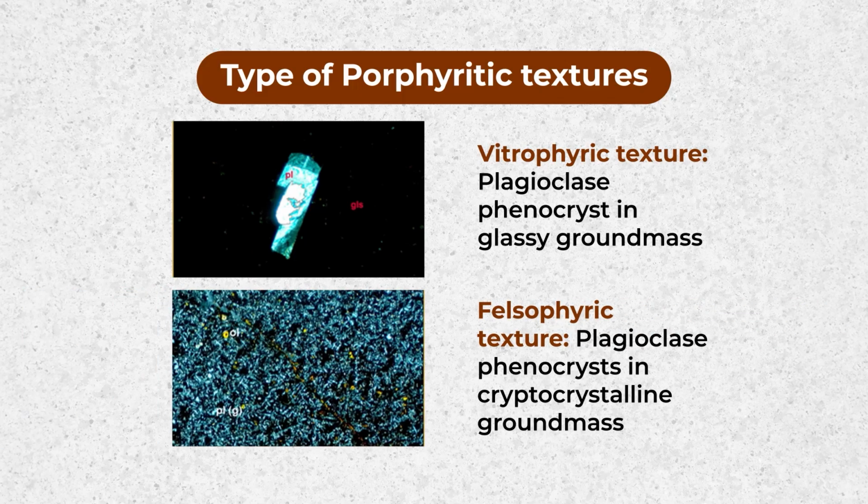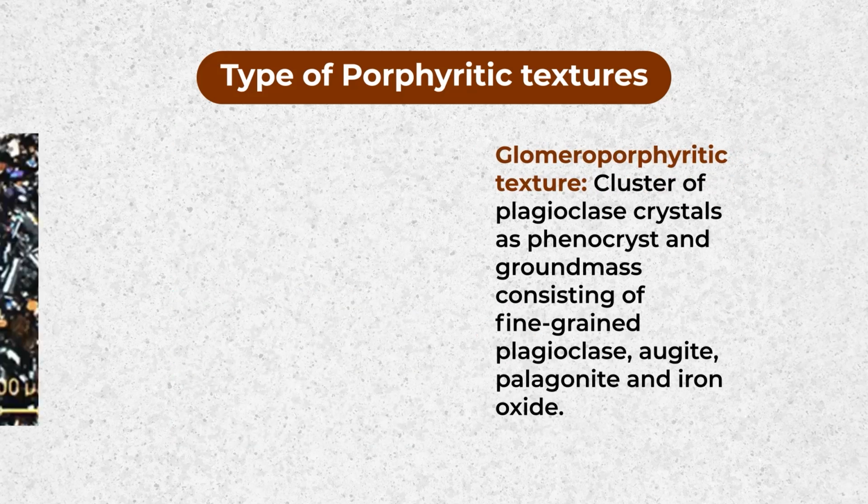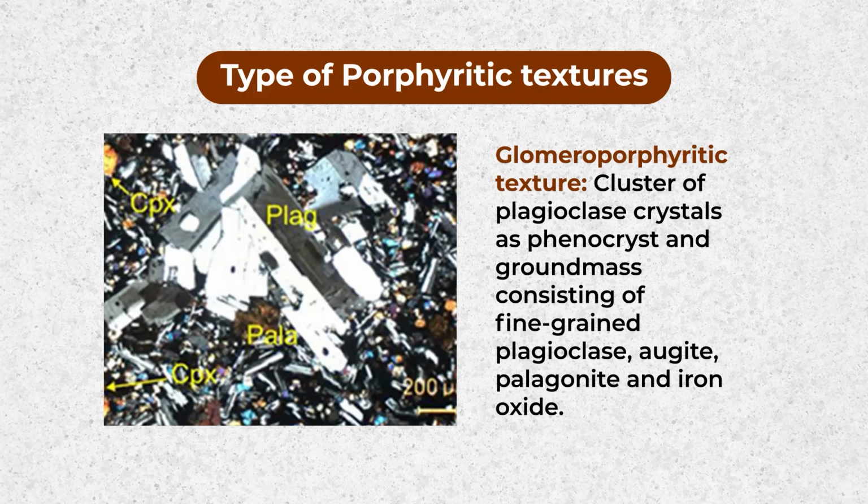Whereas in felsophyric texture, the grayish black plagioclase phenocrysts are lying within the cryptocrystalline groundmass. The third category is the glomeroporphyritic texture. In this case, the cluster of plagioclase phenocrysts are lying within the groundmass consisting of fine-grained plagioclase, augite, pelagonite and iron oxides. Pelagonite is an altered product of mafic minerals.